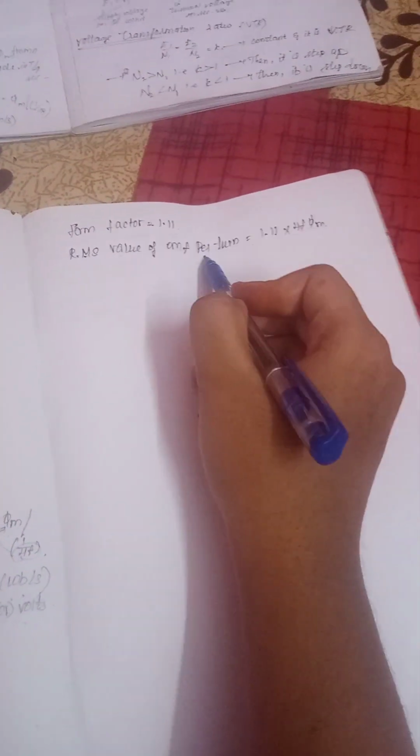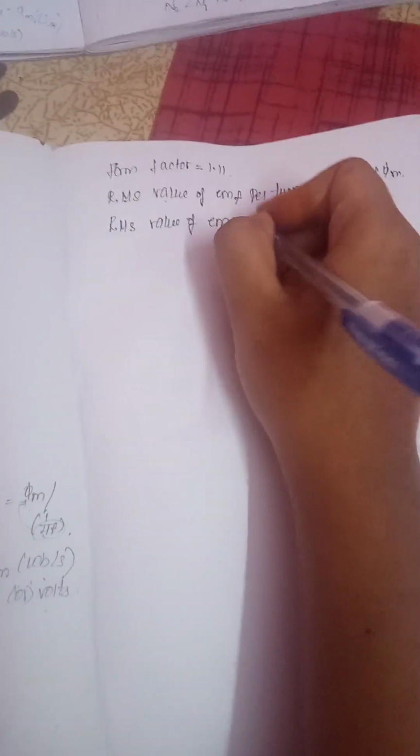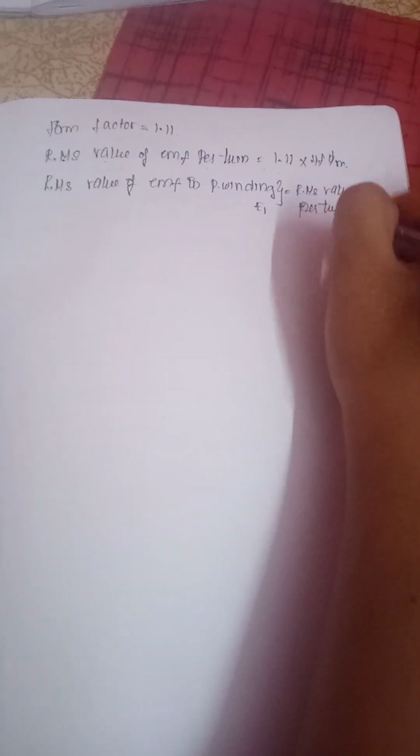Now we have the value of how much EMF gets induced per turn. We have to find what the RMS value will be for the primary winding as well as the secondary winding. For this, the RMS value of EMF induced in the primary winding, that is E1, is equal to the RMS value per turn that we described so far, into the number of turns present in the primary winding.